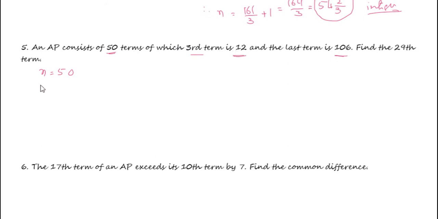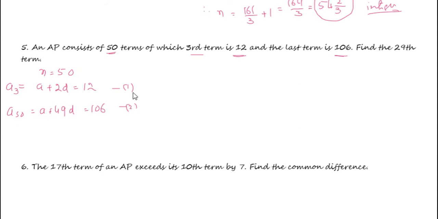That is a plus 2d is equal to 12. The last term is 106, that is the 50th term. This is the third term, a3. Now a50 is equal to a plus 49d, that is equal to 106. This is equation 1, this is equation 2.